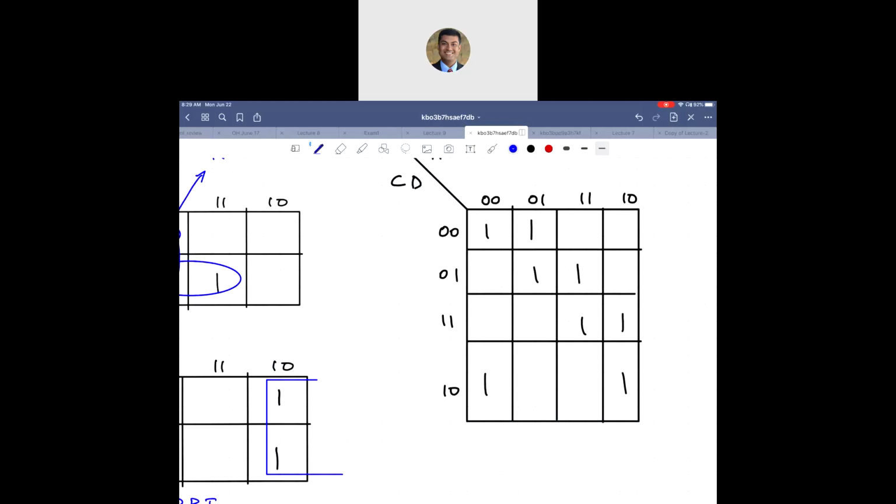How about over here? Horizontal, vertical.